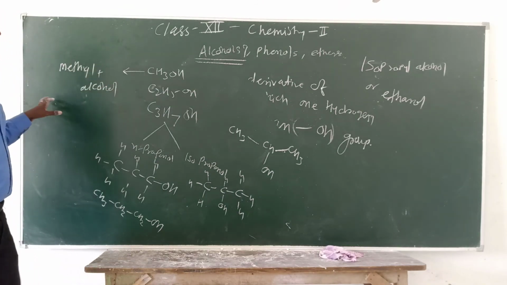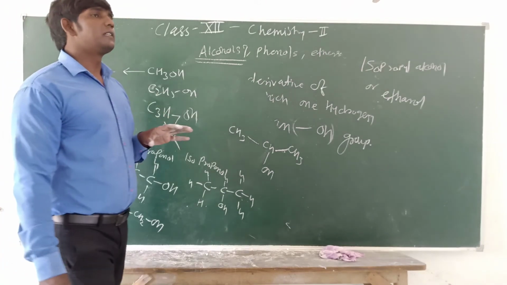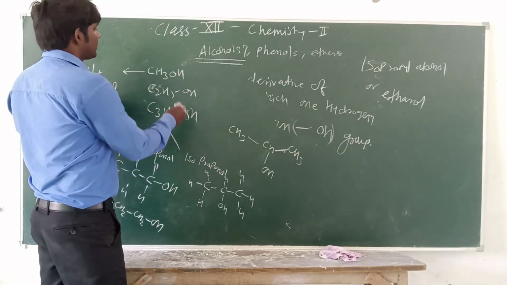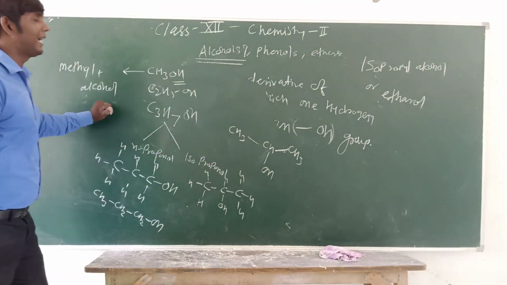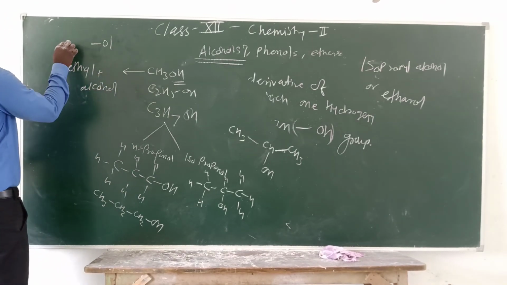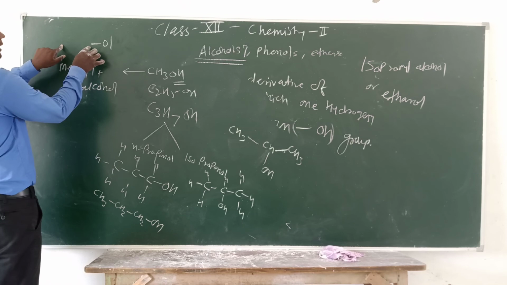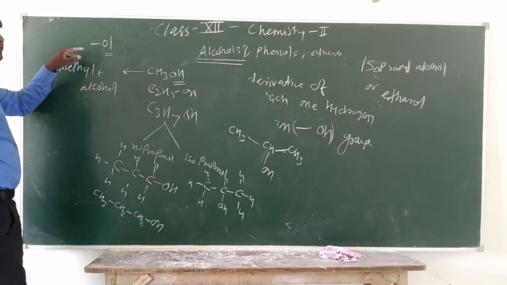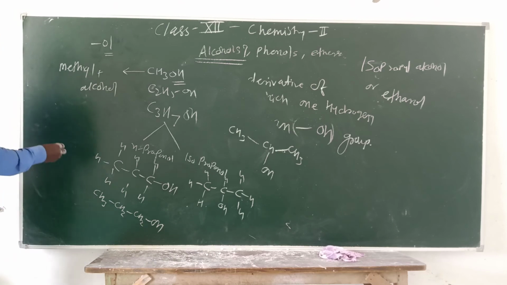Or in the nomenclature form, you add the suffix called ol. You write the alkane name and add ol to it, okay?